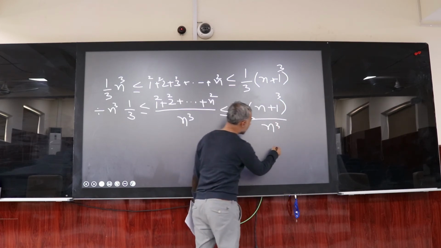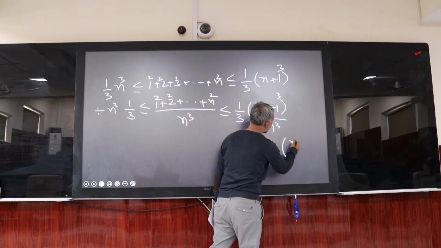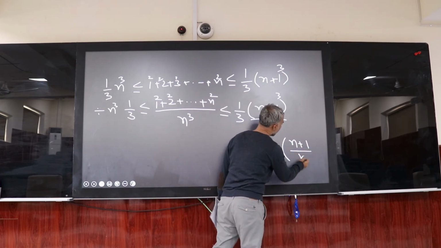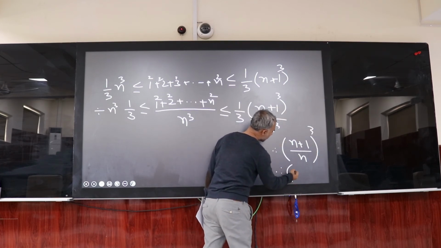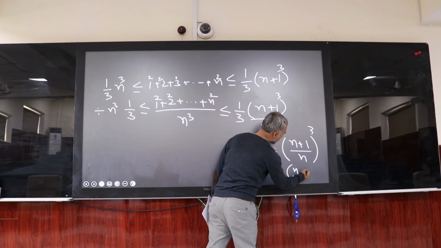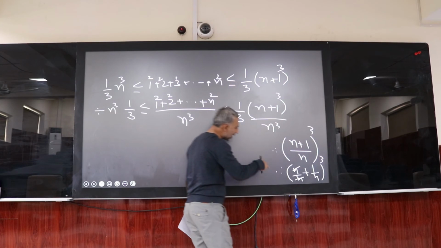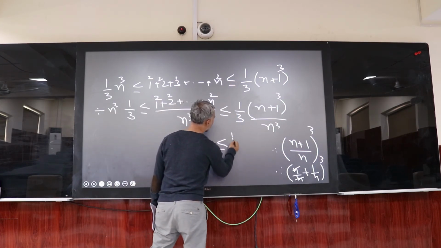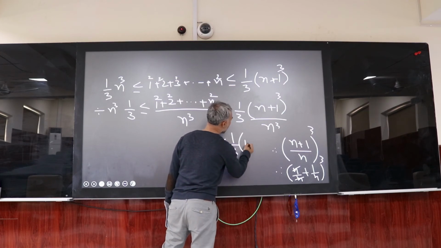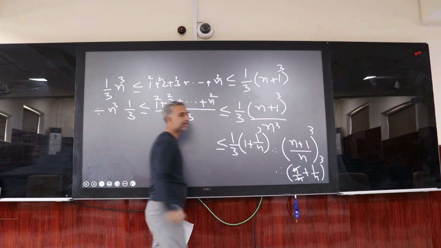Once we have this kind of formation, we can write (n plus 1 over n) whole cube, and further we can write n over n plus 1 over n, and it will cancel out, and we will have 1/3 times (1 plus 1 over n) cube.